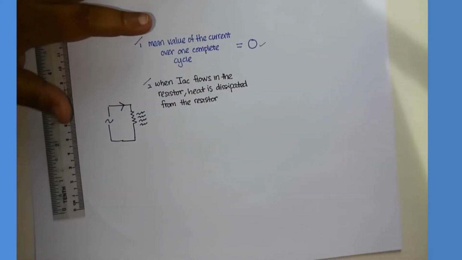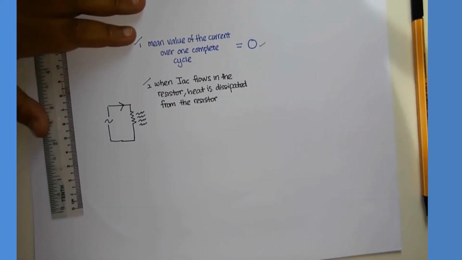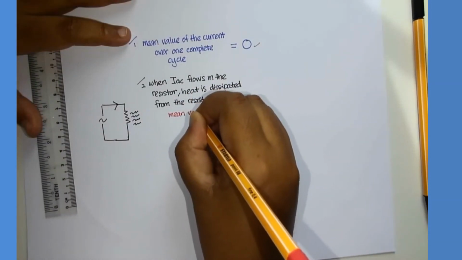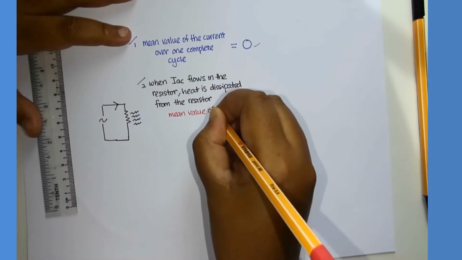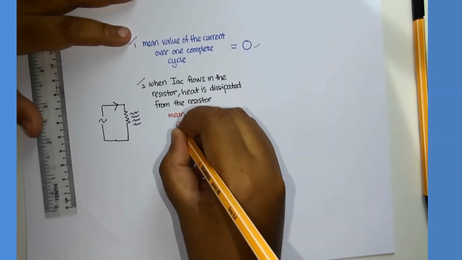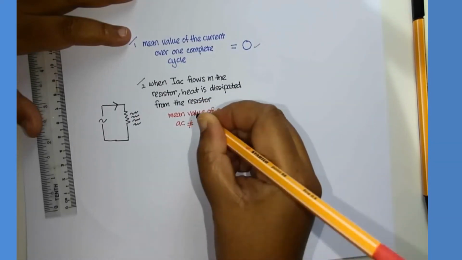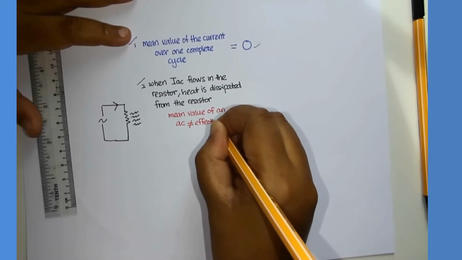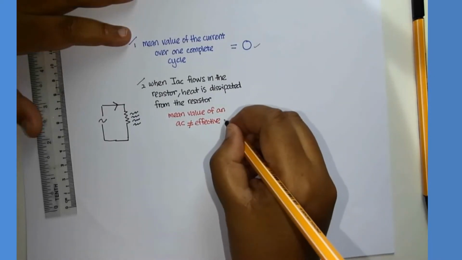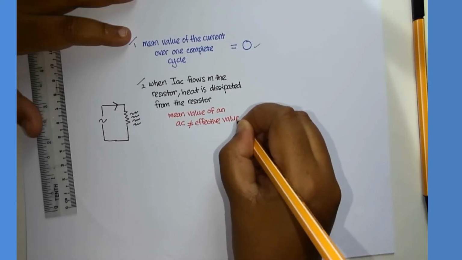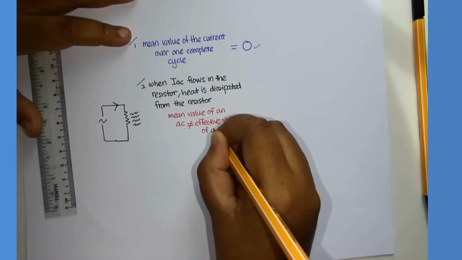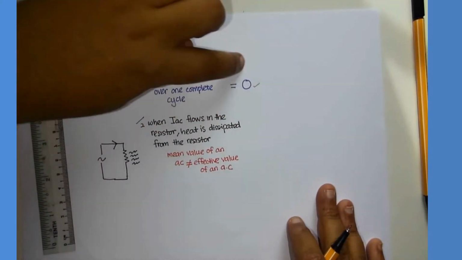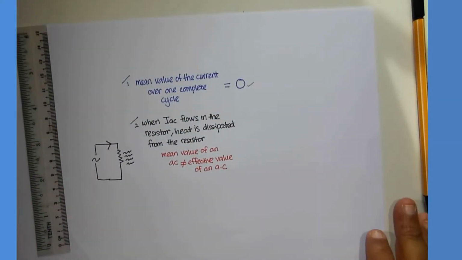So that means the mean value of an AC cannot be the effective value of alternating current. Okay, so this one cannot be the effective value of an AC.